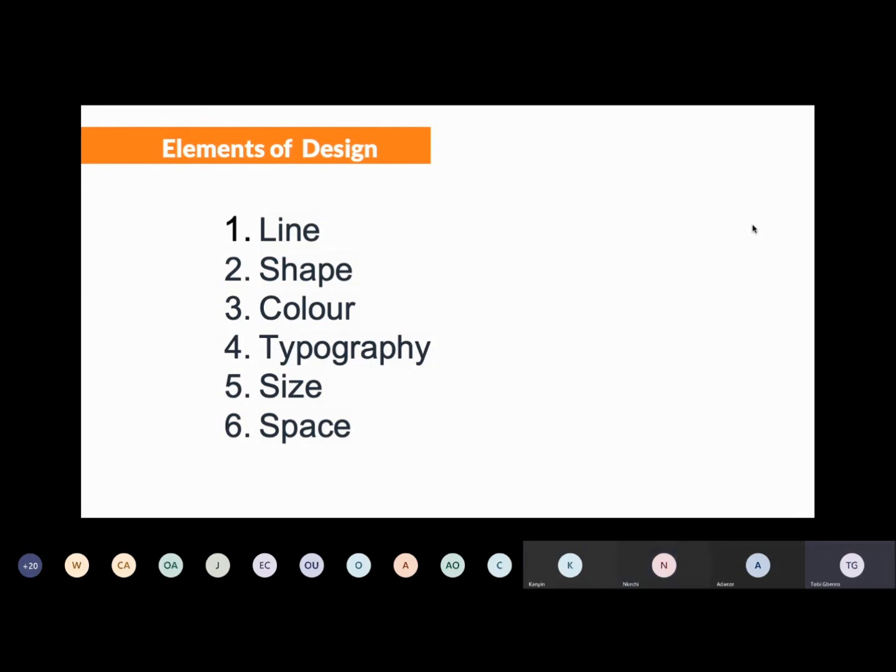Are we together? Yes. Then space. How much space is in your design? That thing is very, very important. You need to have space in your design.